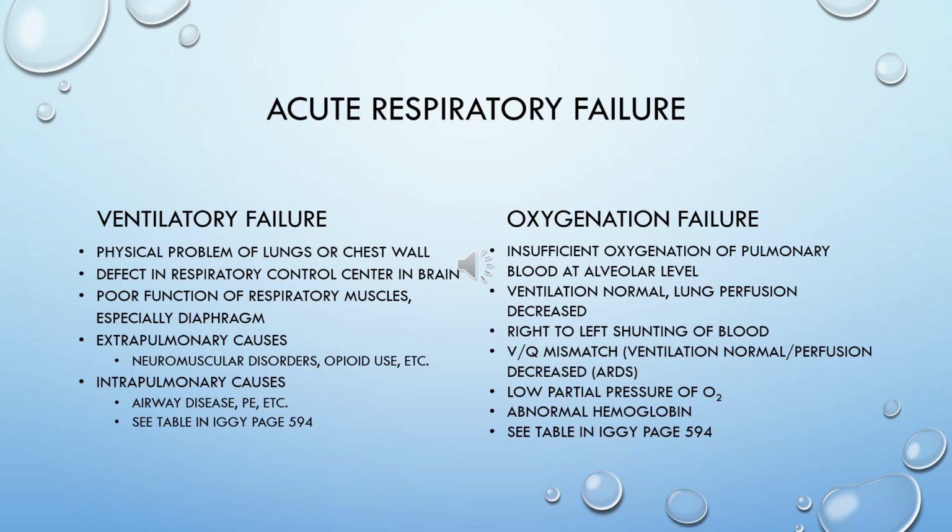Abnormal hemoglobin: if you don't have enough of that oxygen carrying capacity, it's not going to get oxygenated. And again, this is on page 625, which is table 32.3, that looks at some of the common factors responsible for oxygenation failure in acute respiratory failure.